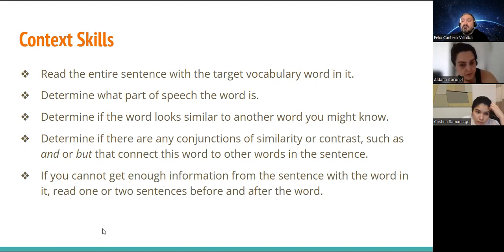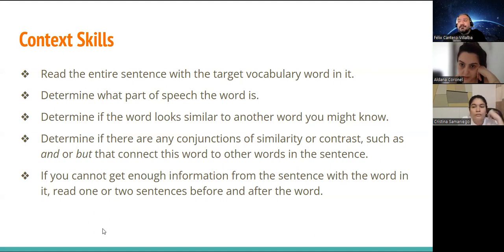Determine if there are any conjunctions of similarity or contrast, such as an or but, that connect this word to other words in the sentence. If you cannot get enough information from the sentence with the word in it, read 1 or 2 sentences before and after the word. Yes, so that is analyzing the context.